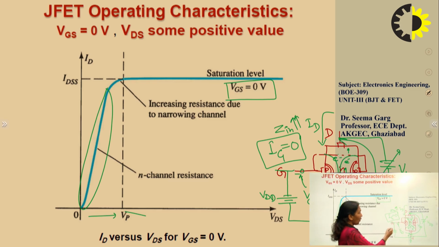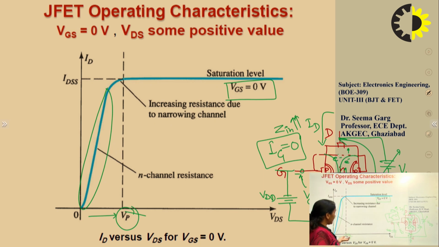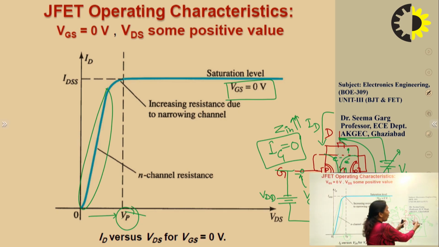Now, as soon as you reach the value VDS is equal to VP, this is the designed value of any field effect transistor given by the manufacturer. At this point, as soon as VDS reaches this value VP, this reverse voltage is large enough so that both the depletion layers overlap each other.